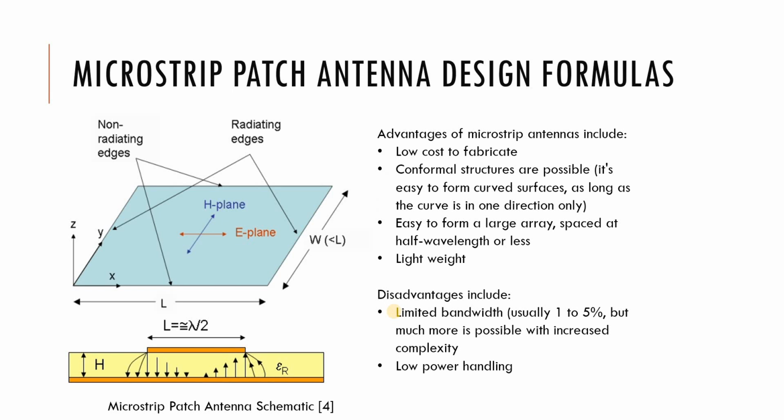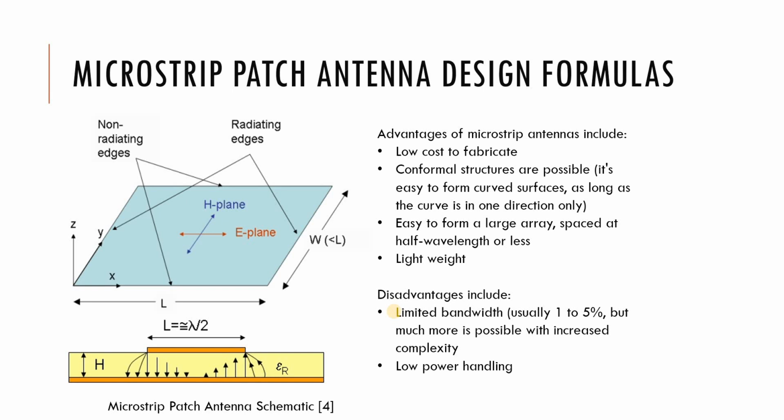As I said, the advantages of the microstrip antenna is it has a low cost to fabricate. It's very cheap, and it has the capability to use conformal structures, which are nowadays used in microwave imaging and imaging applications, like satellite communication and so on.